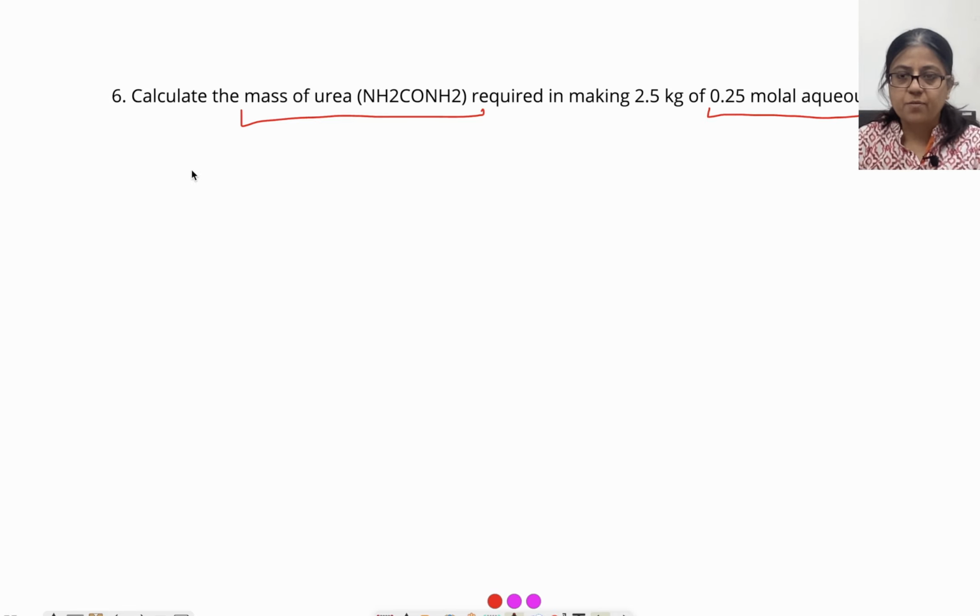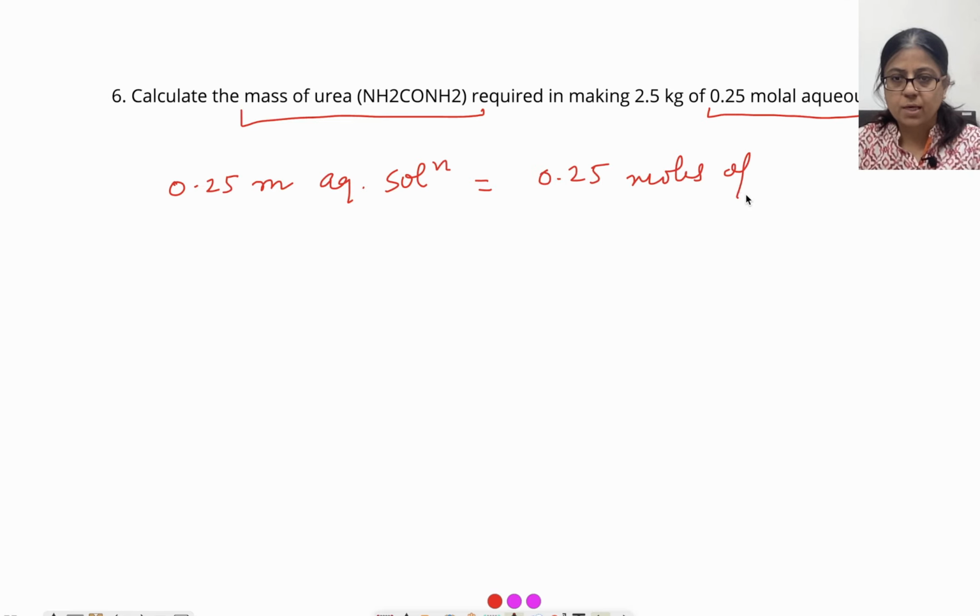Okay, so we have 0.25 molar aqueous solution, which means that we have 0.25 moles of urea dissolved in 1 kg of the solvent, so 1000 gram of the solvent, that is water.